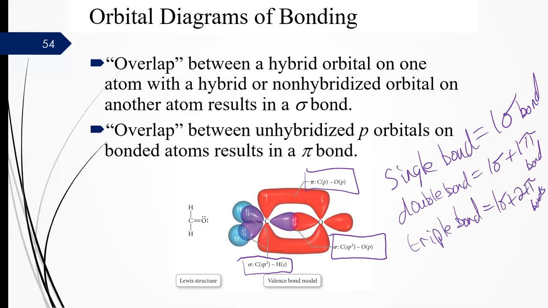Now, the reason why we can only have one sigma bond is that this space is taken up by our sigma. So we can't put another bond there because it's already filled in. This isn't true for pi bonds because while we have a pi bond that's on the top and the bottom, we can also have a pi bond that's coming forward between the carbon and the oxygen and backwards between the carbon and the oxygen.